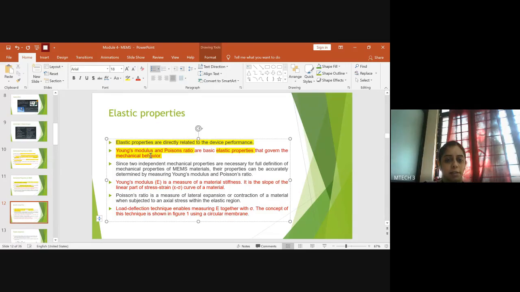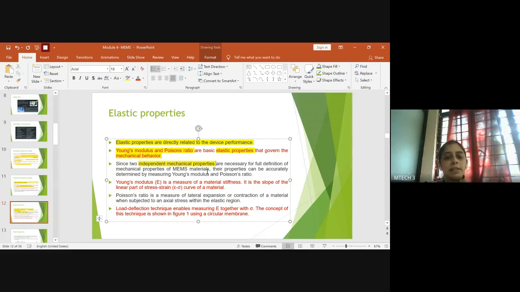Once you are clear about what properties you need to evaluate, you should see which are the independent and the dependent variables. Here Young's modulus and Poisson ratio are both independent mechanical properties that you have to evaluate. These two independent properties are very essential for defining the mechanical properties of the material.